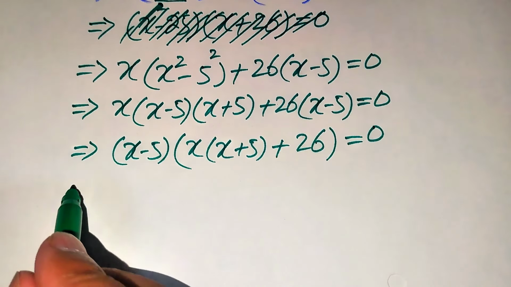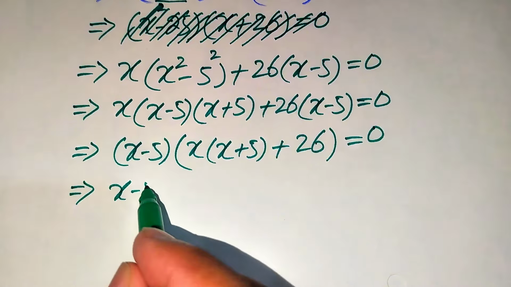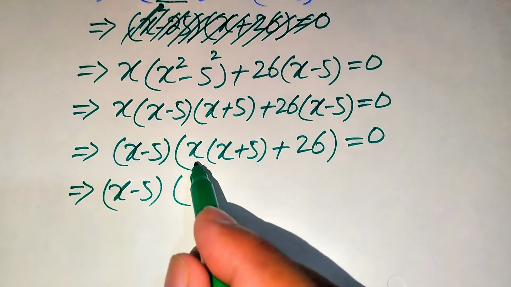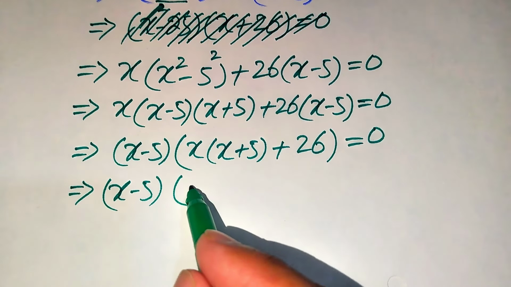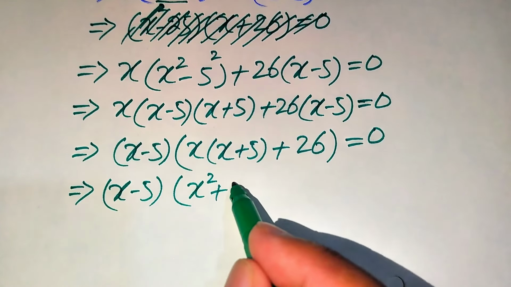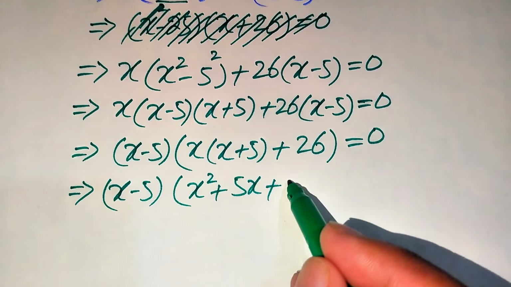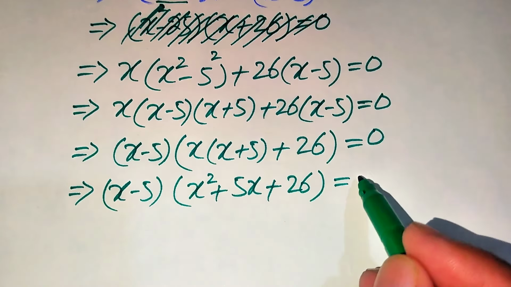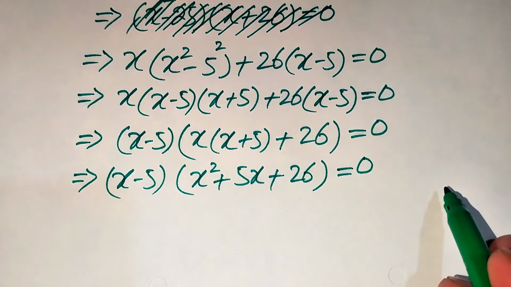In the next step we need more simplification, and it will be written as x minus 5 times x square plus 5x plus 26, and this whole equation equals 0.